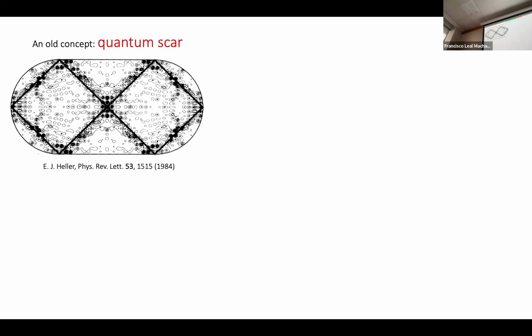And that higher probability density is actually accumulated in the vicinity of a classical trajectory, a classical periodic orbit, which is unstable, okay? And by unstable periodic orbit, what I mean is when you calculate the Lyapunov exponent of this trajectory, you get a finite, positive Lyapunov exponent.